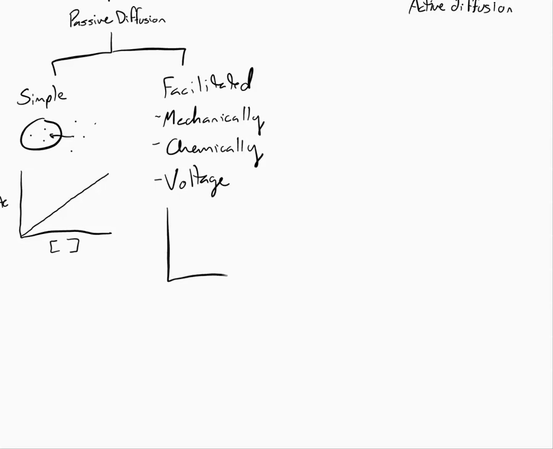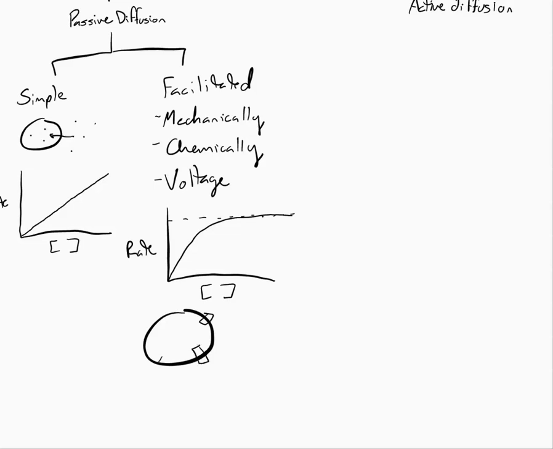For these ones, with this chart here, we have the rate again as the y-axis and concentration as the x-axis. The difference here is it will initially be very similar to simple diffusion, but it will level out as it reaches its max concentration, because you only have so many of these proteins on the surface of the cell.